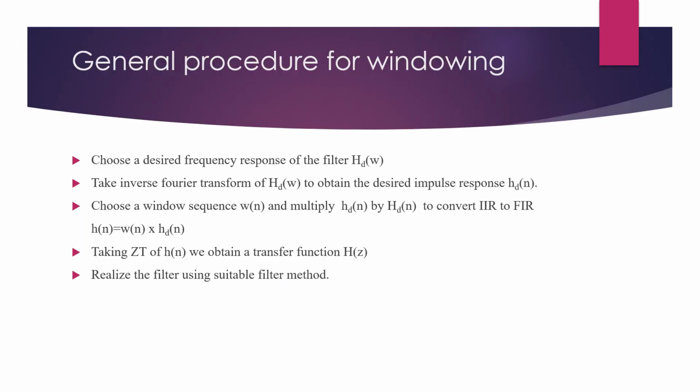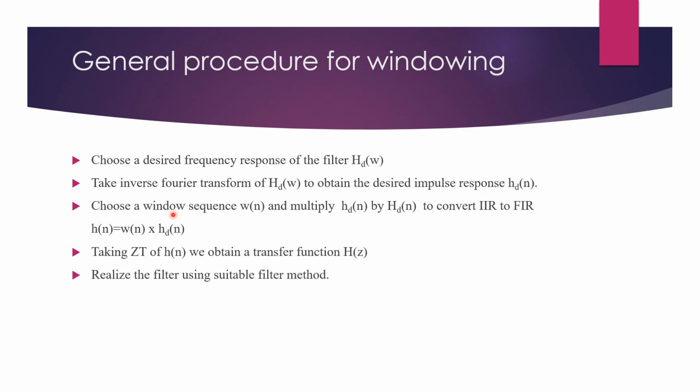Now since we have understood the basics of Bartlett window, let's look into the general procedure for windowing. Let's see the steps for windowing. First step is to choose a desired frequency response of the filter, capital H d of omega. Next step is to take the inverse Fourier transform of capital H d of omega to obtain the desired impulse response, small h d of n.